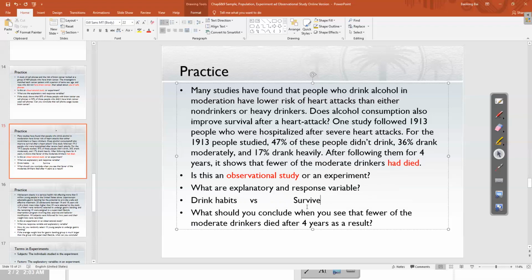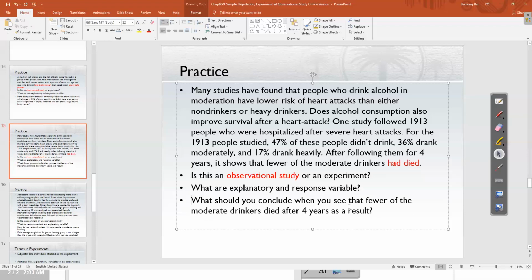Which one is the response variable? Which one is the explanatory variable? Right? So if you get confused, try to put a cause word in there. Does survival cause drinking habit to change, or does drinking habit cause survival to change, right? Which one makes sense? Then we should realize the response variable is survival, and the explanatory variable is drinking habits, right? Okay.